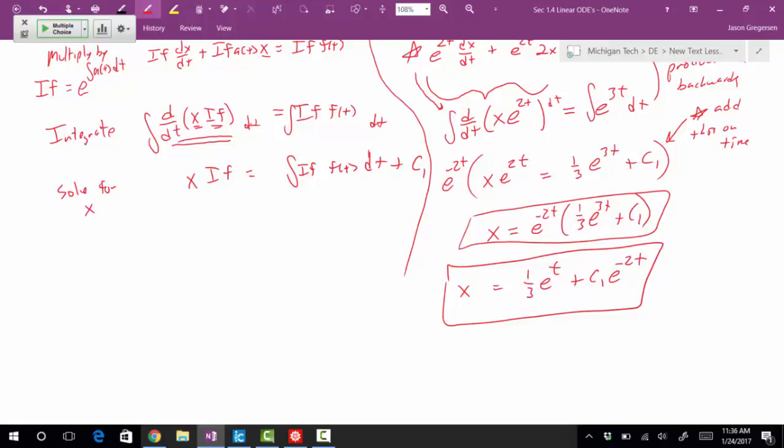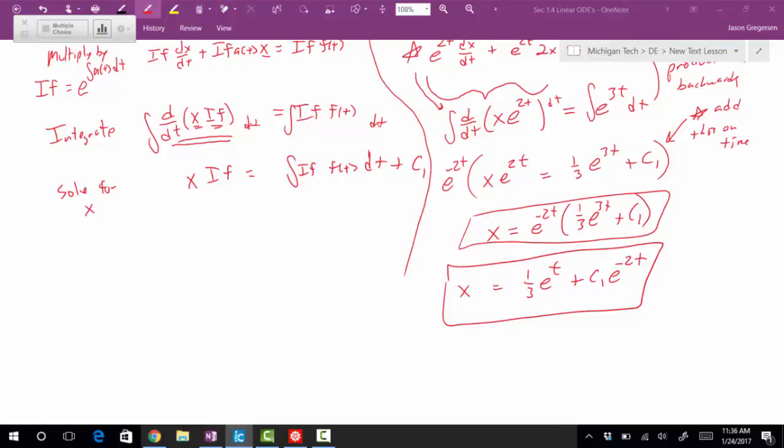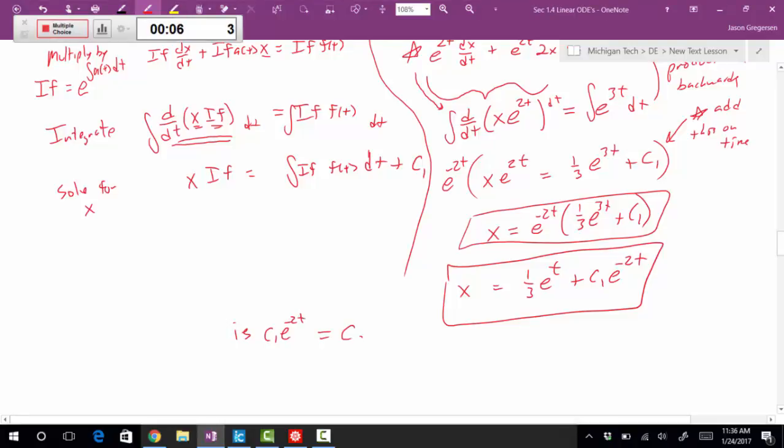Clicker question. Can I do that? A equals yes, B equals no, C equals I'm not sure. No score here.